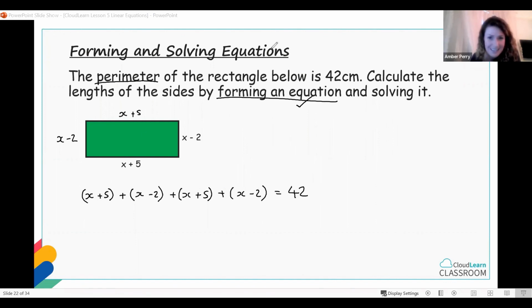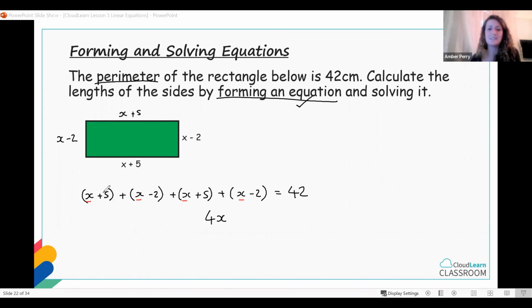So we did a little bit of work on simplifying algebraic expressions, I think in one of the first sessions we did. We need to take all our x's and add them together. So we've got 1, 2, 3, 4 x's. That's 4x. And then we can simplify our numbers as well. Remember to look not just at the number, but at the sign as well.